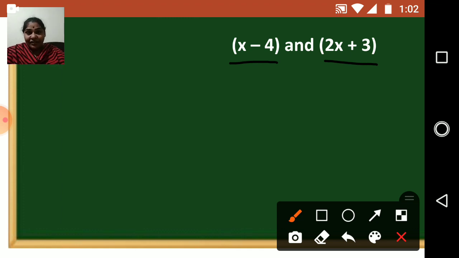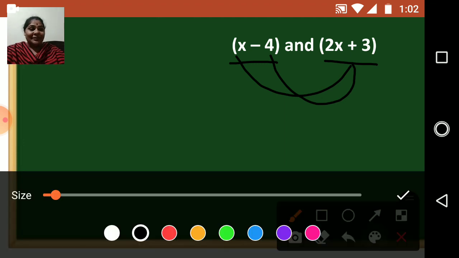Each and every term from each expression multiplies to each and every term in the second expression. That is, x is multiplied to 2x plus 3 and negative 4 is multiplied to 2x plus 3. So let us see how to solve this one by one.